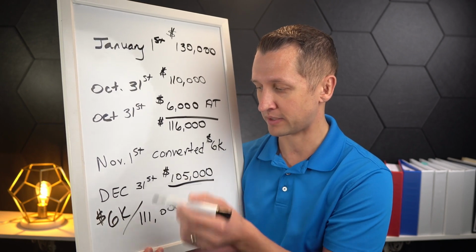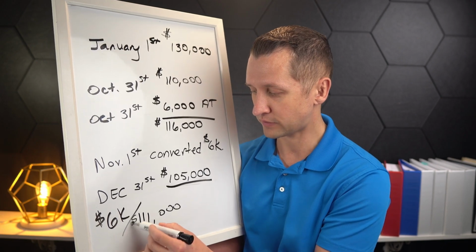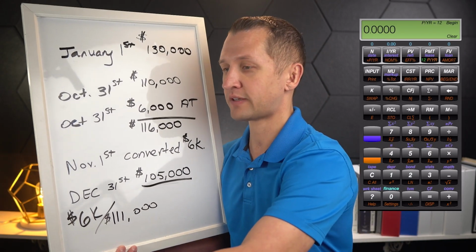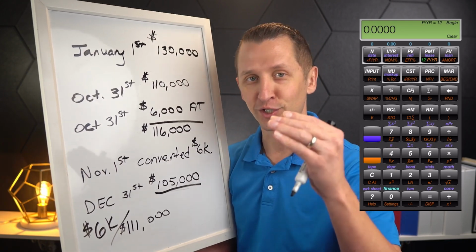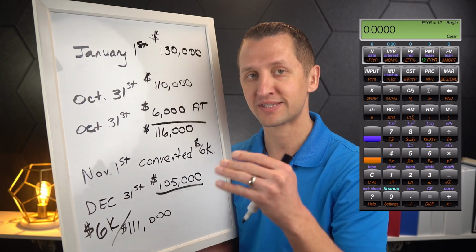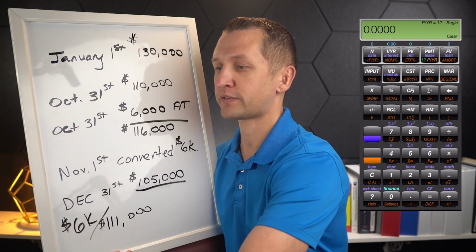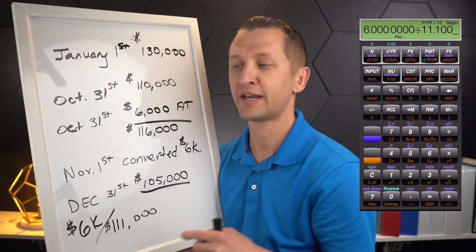Now, these two numbers just happen to be the same, but $6,000 is our basis. So 6,000 divided by 111,000. Let me go ahead and bring up our calculator. And I'm doing this on the calculator, and you should too, no matter how simple the math is. Go slow, write it out, take out a calculator. You'll make fewer mistakes.